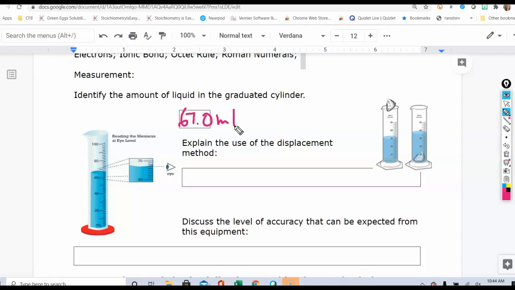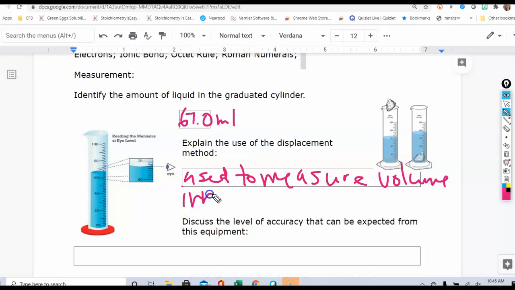Explaining the use of the displacement method. The displacement method is used to measure the volume of an irregular object by subtracting.